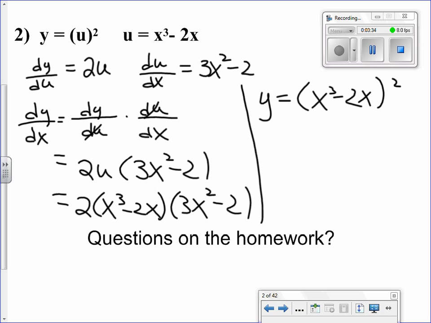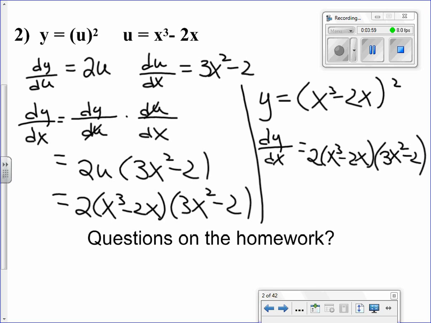When you use the chain rule, because it's a composition of functions, what'd you get? 2 times x cubed minus 2x to the first, so you don't have to write it. I just want to make sure people don't forget the exponent. So use the power rule on the outer function, and then times the derivative of the inside function, 3x squared minus 2. Same answer. So either way, it's just great.